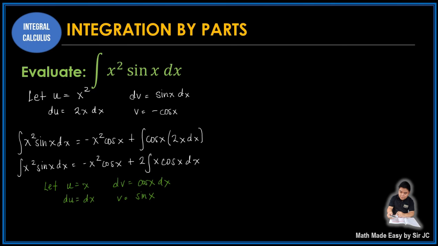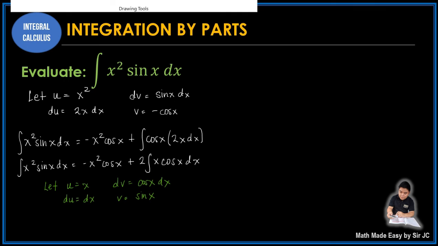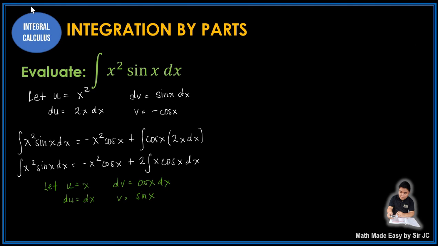So the integral of x squared sine x dx equals negative x squared cosine x plus 2 times the integral of x cosine x dx, which is u times v, so x times sine x, minus the integral of v du, so sine x dx.